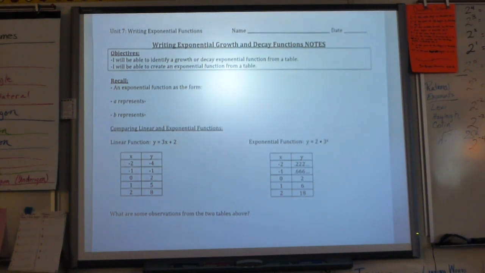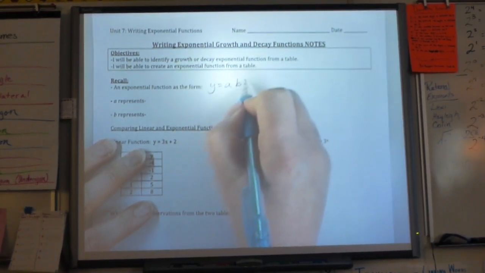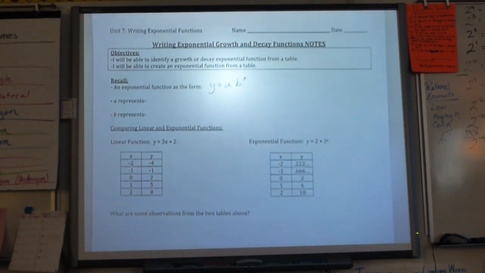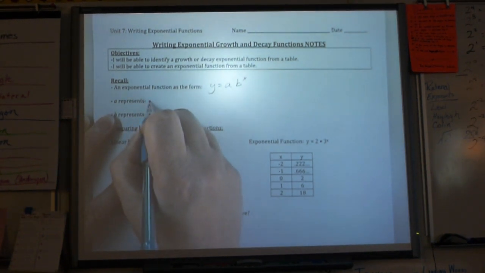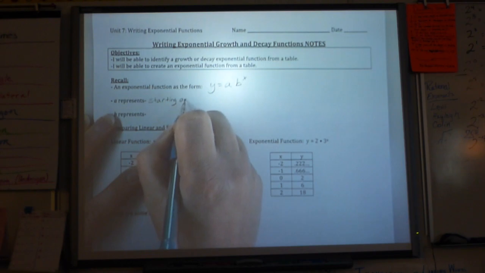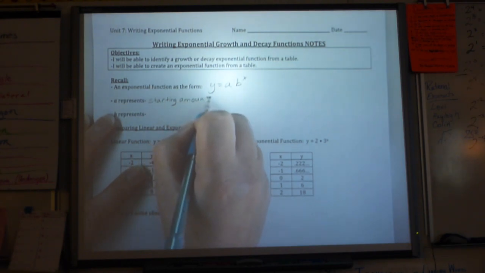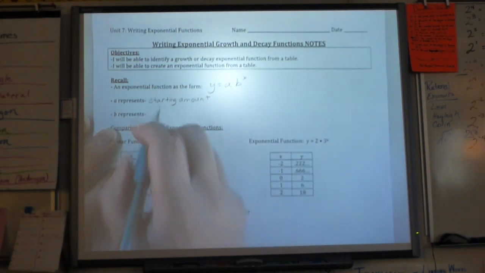So remember, an exponential function is in the form y equals a times b to the x. Okay, a represents our starting amount. And b represents our growth or decay factor, and it's the base of the exponent.